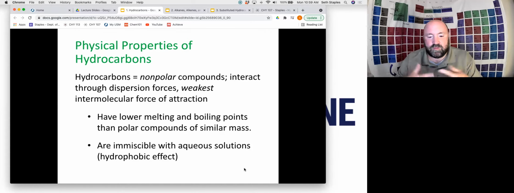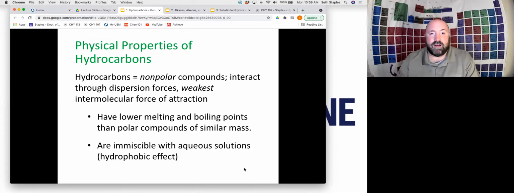Remember, we looked a little bit at methane versus water. Methane, CH4, is the simplest of all hydrocarbons. I don't even remember what its boiling point is, but methane, natural gas, certainly is a gas at room temperature. And so it has a very, very low boiling point, well below 0 degrees Celsius.